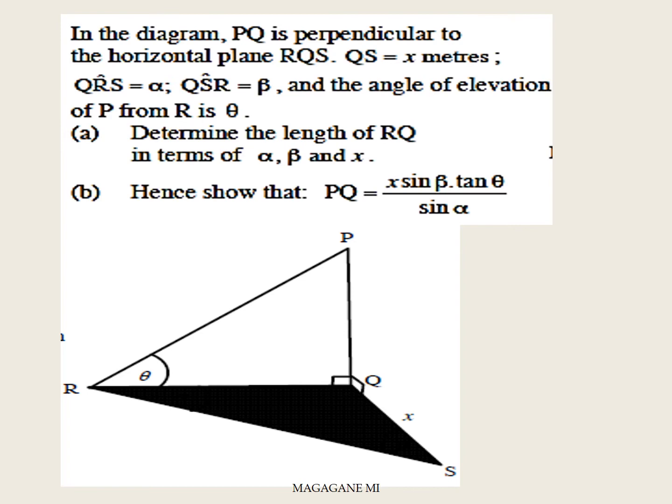If you look at RQ, RQ is common to 2 triangles, which is triangle PRQ and triangle RQS. But if you look at triangle PRQ, we don't have enough information in terms of theta, beta, and x.